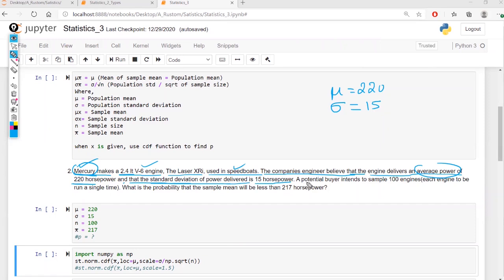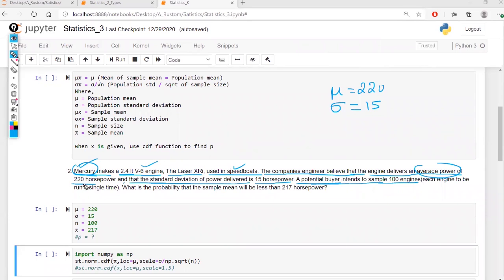Then what happens? A potential buyer, someone who wants to start a speedboat business and wants to buy, intends to sample 100 engines. The company can say anything.